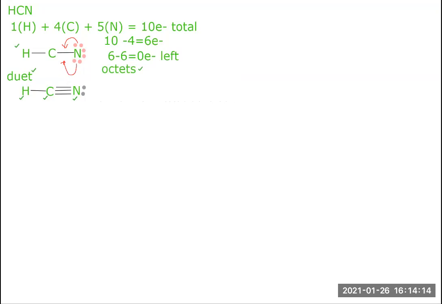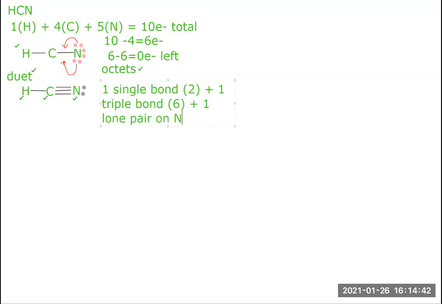We have one single bond, and that's 2 electrons, plus one triple bond, and that's 6 electrons, plus one lone pair on nitrogen. So that's another 2 electrons.